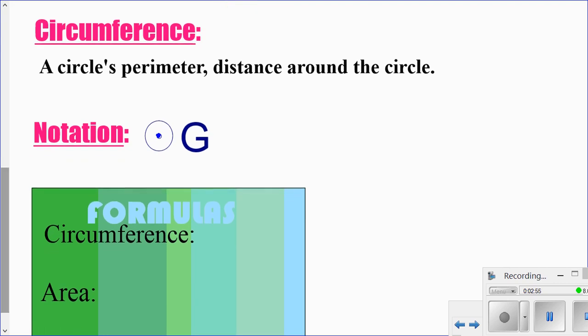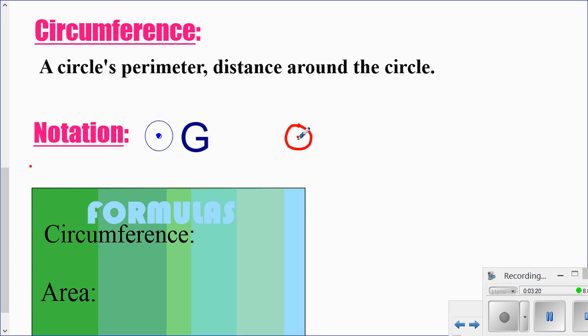The notation. When I am naming a circle, we use the circle symbol with a dot in the center, and then the letter that we use is the center of the circle. So this is just an example. We would read this as circle G, meaning that it is a circle that has G in the center.